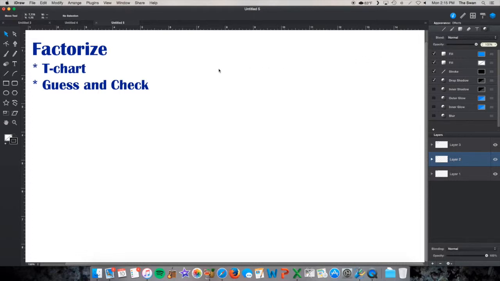So I'm going to start with my t-chart, which is simply just a big letter T. And let's say I want to find all the factors for the number 25. I'm going to write 25 on the top of my t-chart. And now I'm going to use what I know about numbers and my multiplication tables, along with the guess and check strategy, to help me find all the factors for 25.